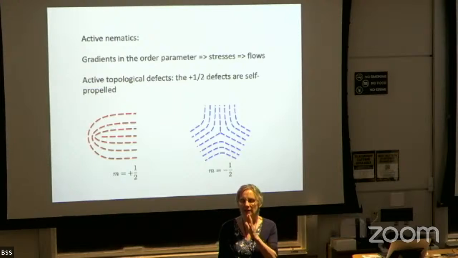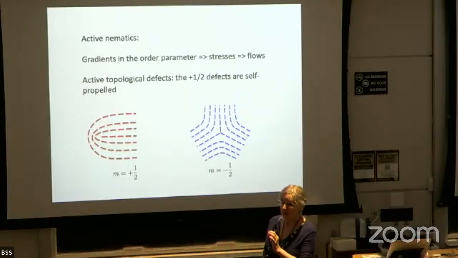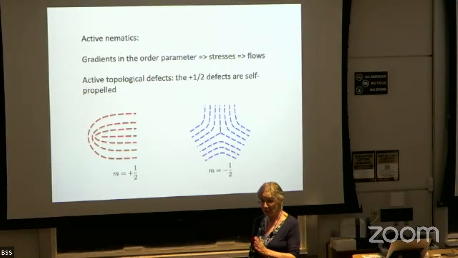People have tried to do more microscopic versions of this when they actually look at active filaments, and then they'd be able to answer that question better. I'm not sure where that's up to, but at the moment it's just a parameter. And yes, it will change between different systems.